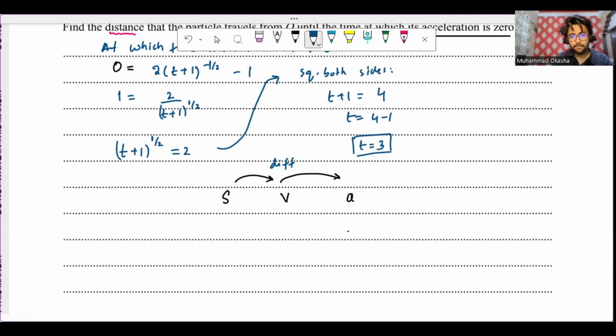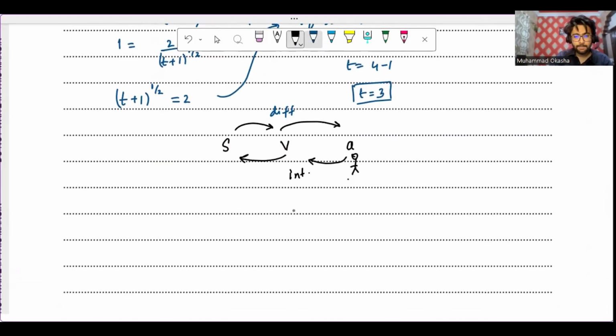And if we have to go backwards, we integrate. So I'll have to integrate twice because this is where I'm standing right now. I will go to velocity first and then I'll go to distance.